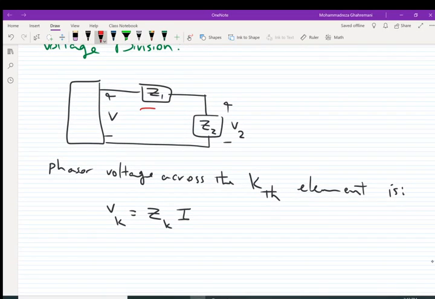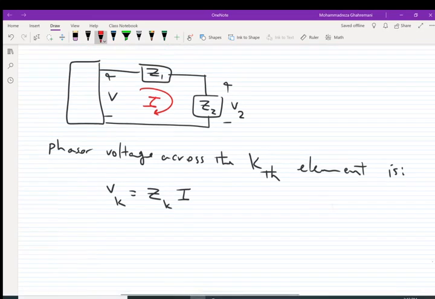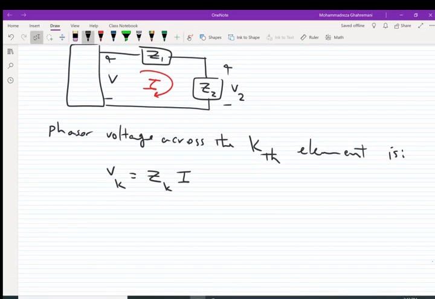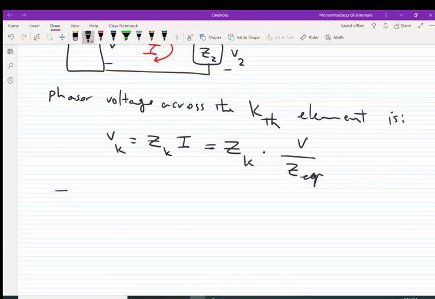Instead of the I, I want to replace it with the voltage over the equivalent impedance. So instead of I, we can say it's equal to V over Z equivalent. Okay, and now as a result, we can say V sub k is equal to Z sub k over Z equivalent times V.